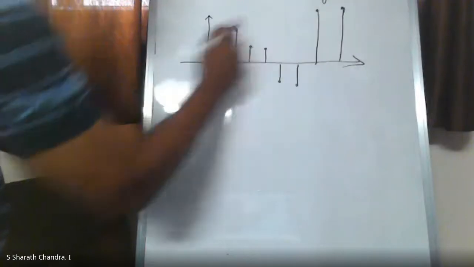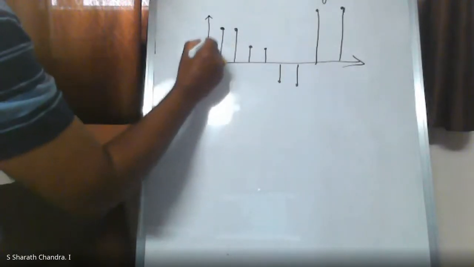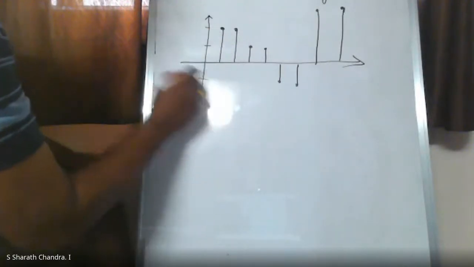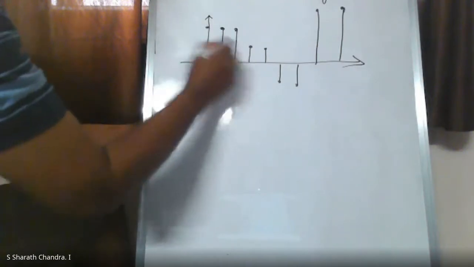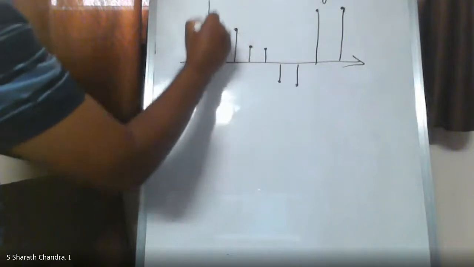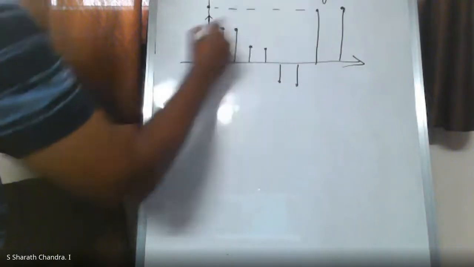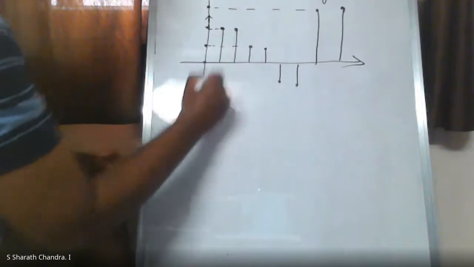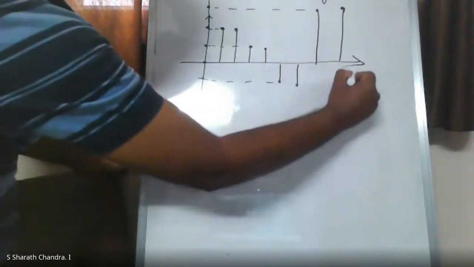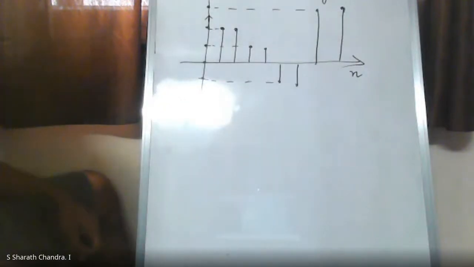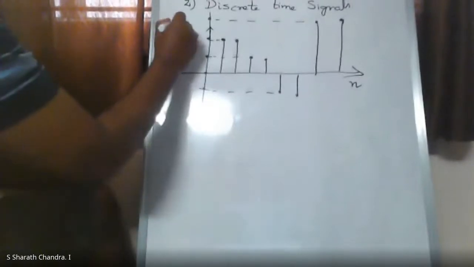Here the amplitudes are not defined between these ranges; they are defined only at these points. In such signals the amplitudes are defined only at specific values, and the x-axis, the time axis, is also discrete in nature. Both the y-axis as well as the x-axis are discrete in nature.